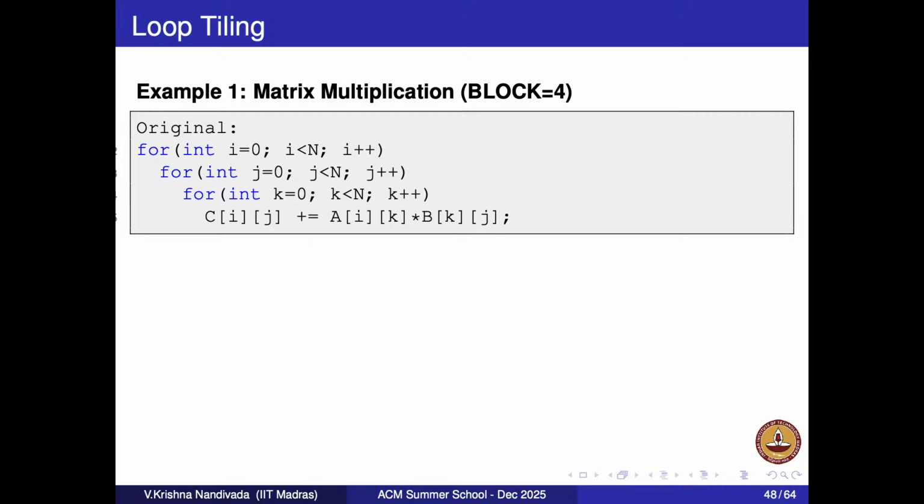After that, what do I do? I multiply this row with the next column. So let us say this is n. N elements have to be multiplied with n elements.